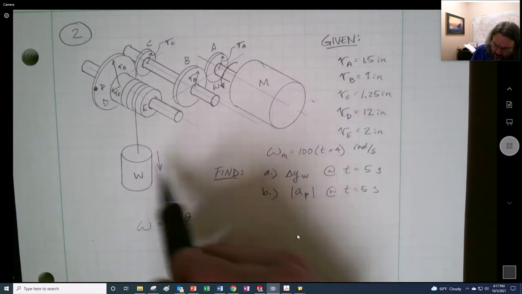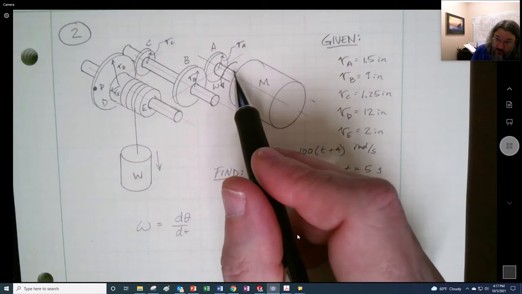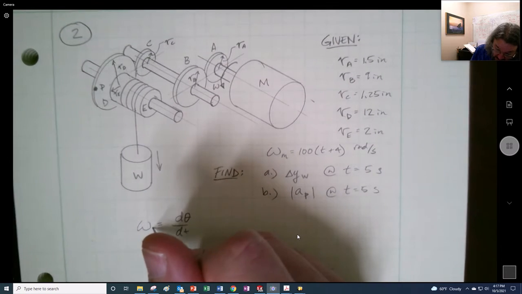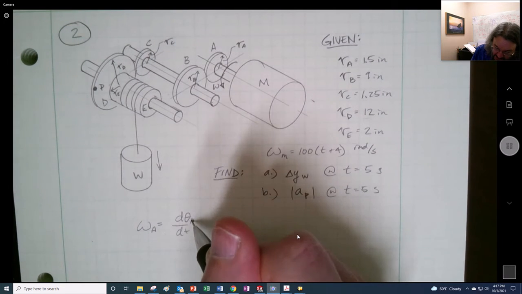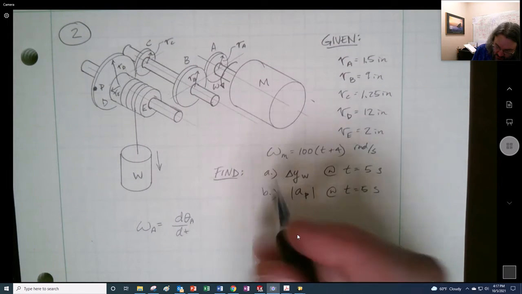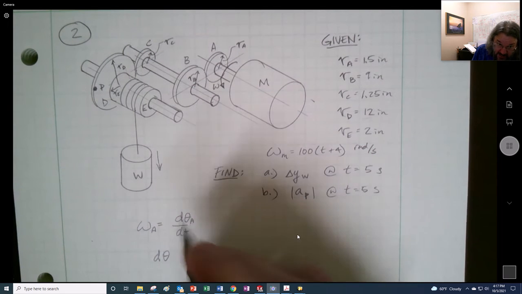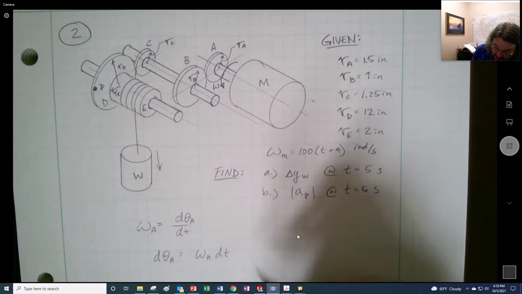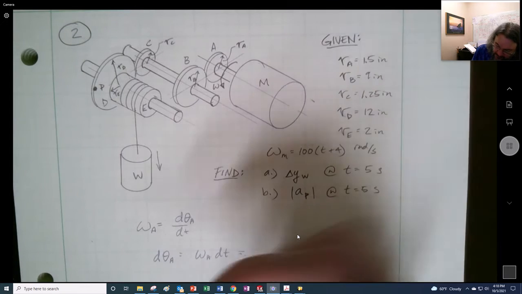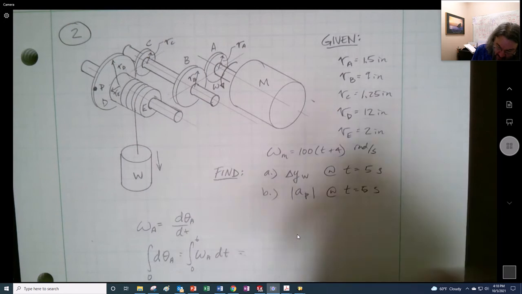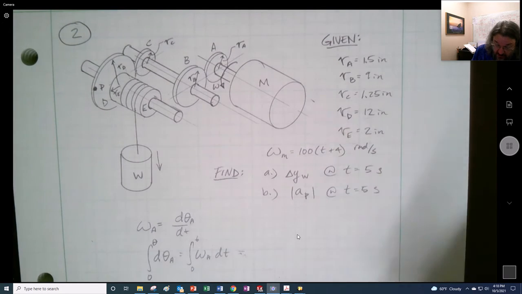But let's go back to trying to find out the distance. Let's figure out what the angular displacement of this is going to be. So let's even call it, this is going to be at A, right? Because the motor is going to be the same as this. So let's say we're going to have d theta of A equal to omega A dt, and we're going to integrate that starting at 0 to some time, and from, let's just say, an angle theta to some theta.